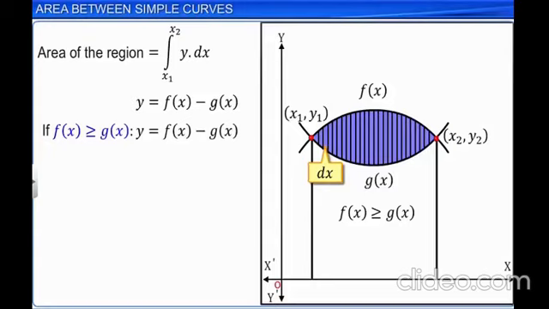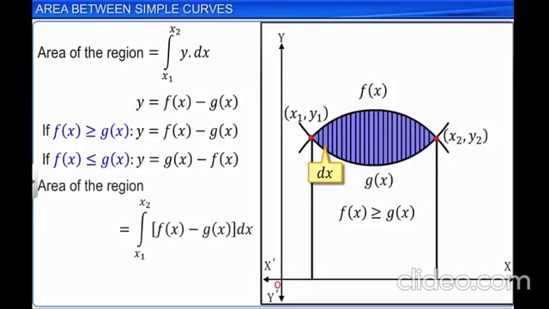On the other hand, if f of x is less than or equal to g of x, then y is equal to g of x minus f of x. The intuition here is that height is always a positive quantity. Thus the integral to calculate the area of the region is as shown. Using this formula, we can estimate the area of the region enclosed.